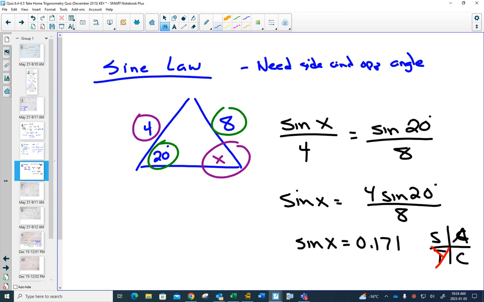According to our CAST rule, sine is positive. It could be in quadrant 1 or quadrant 4. We would need to find our reference angle. Our reference angle would be sine inverse of the positive value, which is already positive. So you would find your reference angle to be 9.8 degrees.